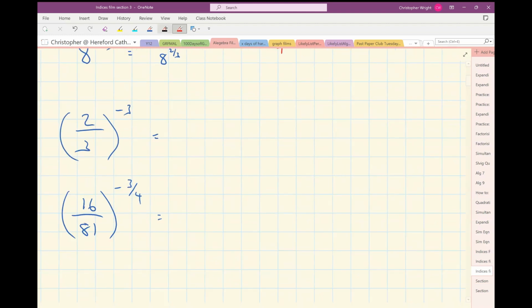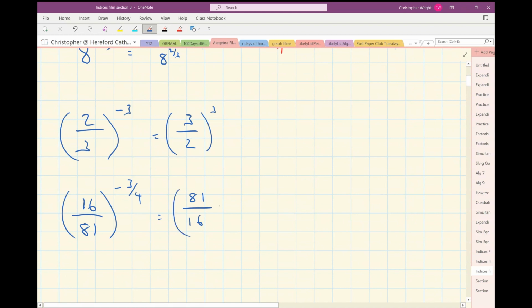2/3 to the power of minus 3, that's going to be the reciprocal of the fraction, 3/2 instead of 2/3, to the power of 3. And 16/81 to the power of minus 3/4 is the reciprocal of 16/81, 81 over 16, to the power of 3/4.